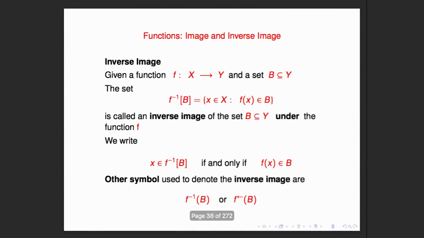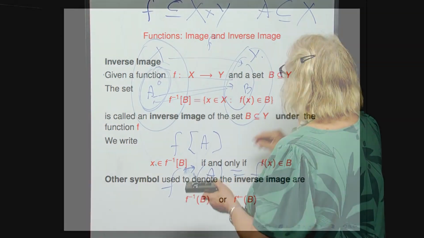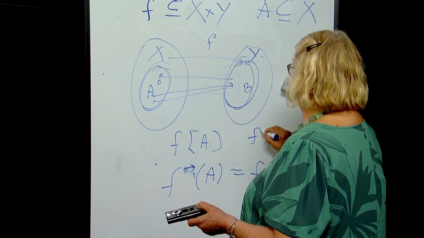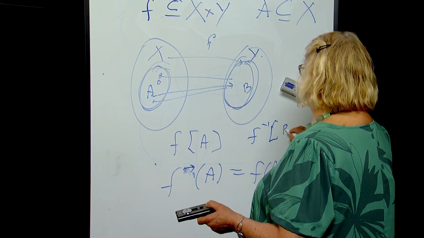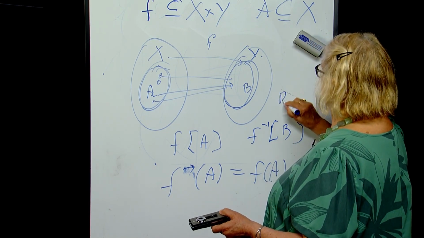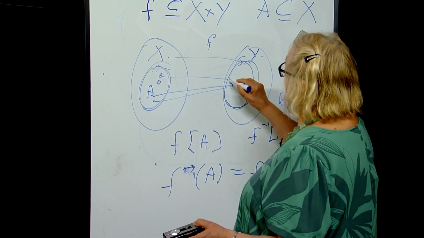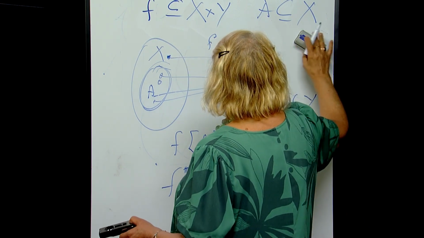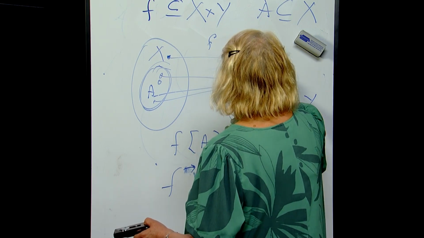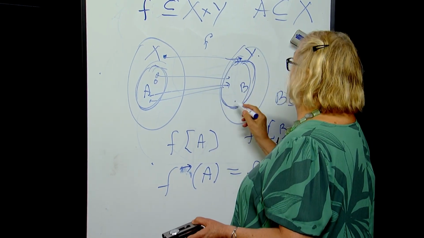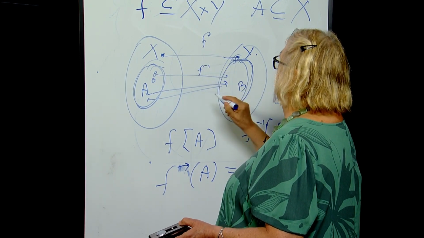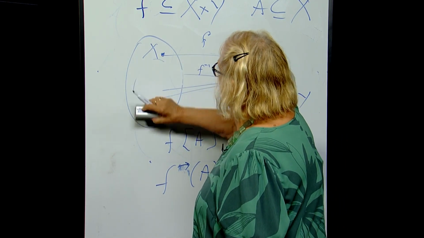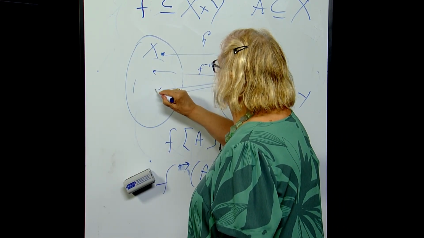And also you have the inverse situation, where you have a set B in Y, and you have the inverse image of B. So the inverse image of B would be the set where the arrows started.